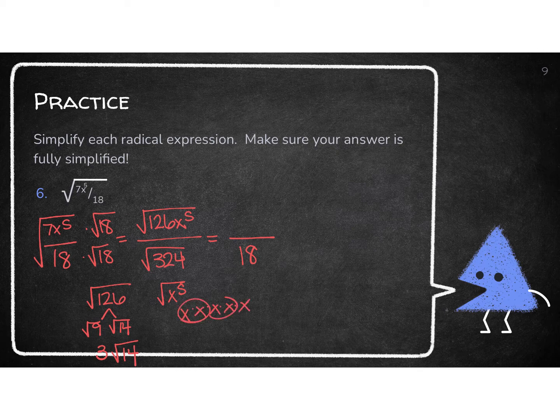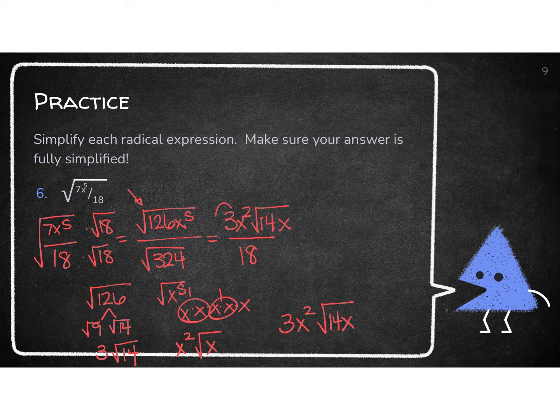I'm going to have 2 pairs. So I'm going to have x squared out front, square root of x underneath. So put those two together, I have a 3 out front, I have an x squared out front, I have the square root of 14 underneath and an x underneath. So that's basically just this 126 simplified. So I'm going to write that up on the top.